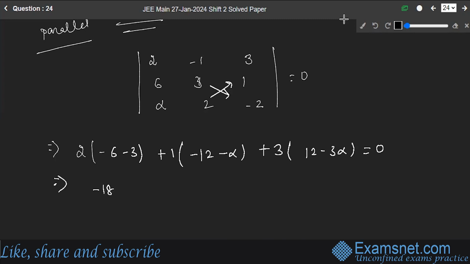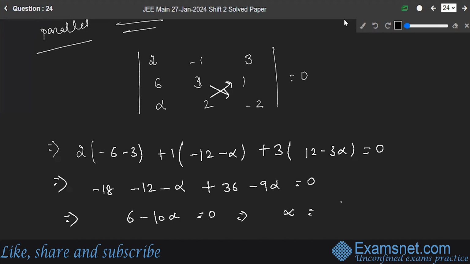Minus 18 minus 12 minus alpha plus 36 minus 9 alpha is equal to 0. So this is 36 minus 10 alpha is equal to 0, or you have alpha is equal to 6 by 10. There is a mistake.